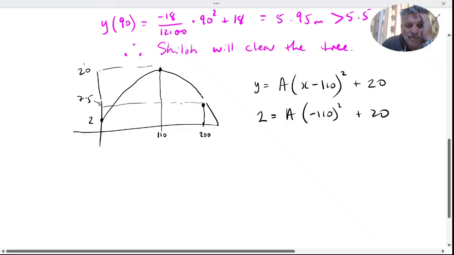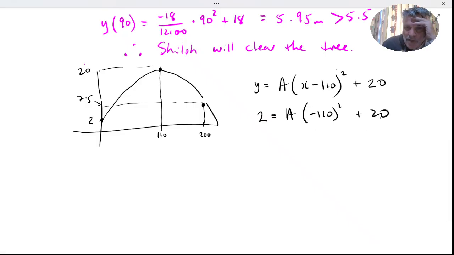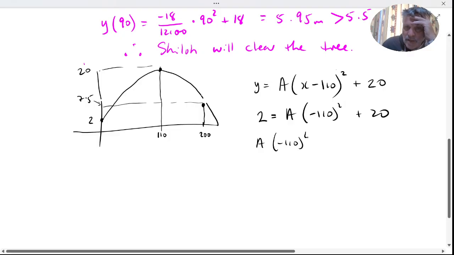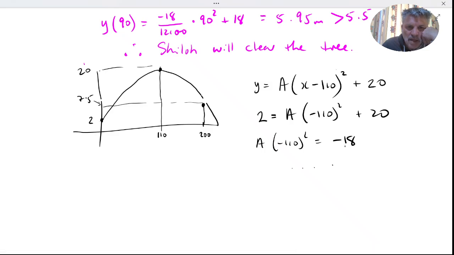So a times minus 110 squared plus 20. And you can see if you make up this model, it's going to turn out the same, because when I take off 20, I get a times minus 110 squared equals minus 18, and that's the same as before. So you can see if you set the problem up differently, that you can and will get the same solution as long as you do the correct algebra.